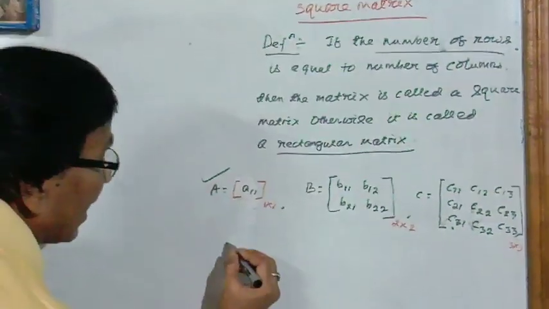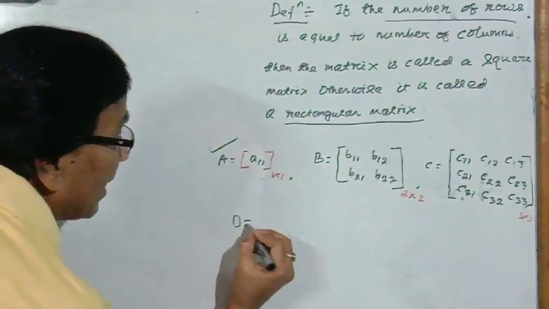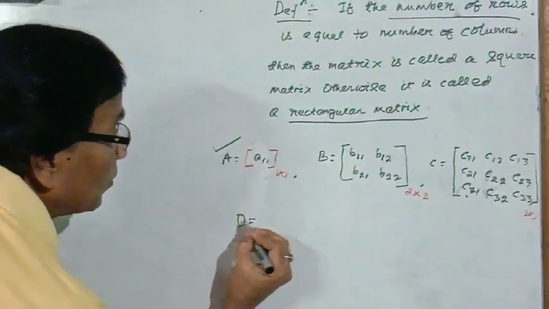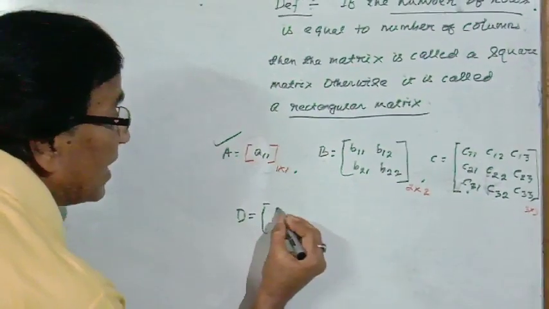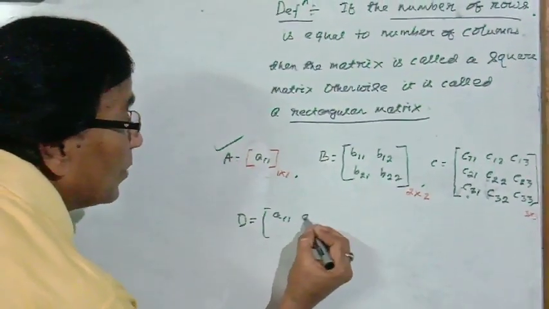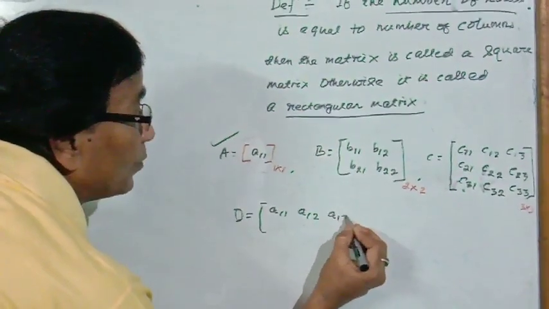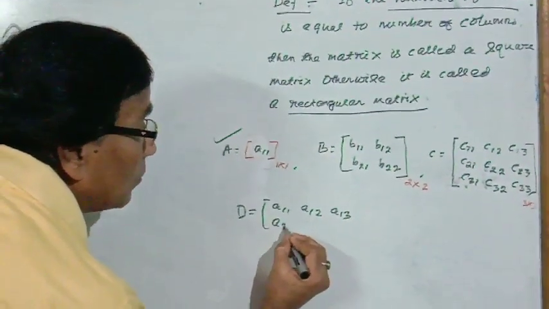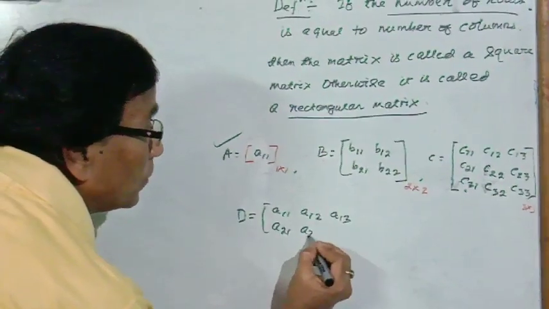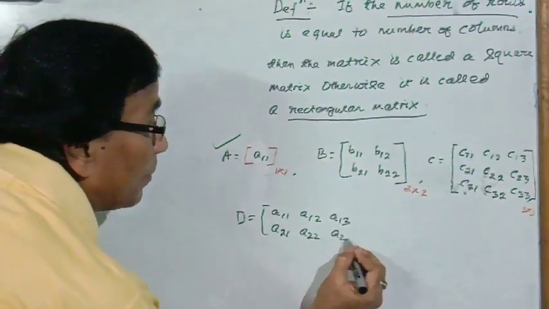That means if I take the D matrix, matrix D, suppose it is equal to A11, A12, A13, A21, A22, A23.